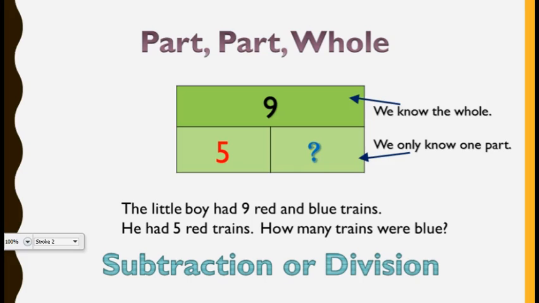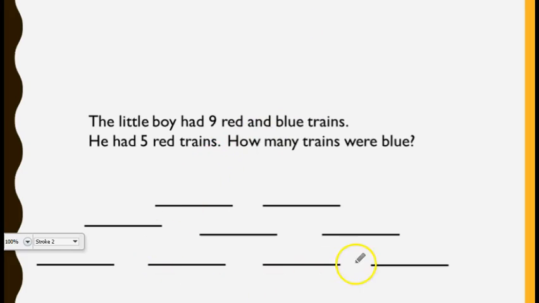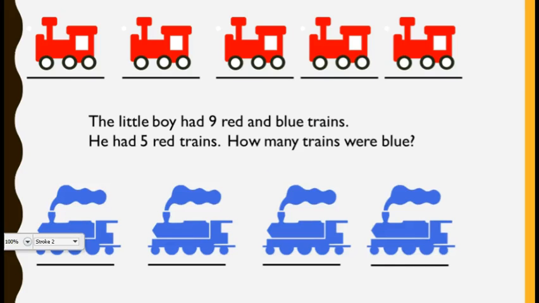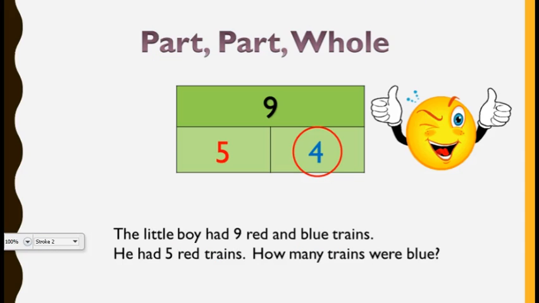But in this scenario, we know that there's 9 trains, so these little lines represent how many trains he had, and 5 of them were red, so we'll put them over here. And what's left is the 4 blue trains. So that's just simple subtraction when we find what's left over. Okay, so then in that case, we know there's 4 blue trains and we're done.